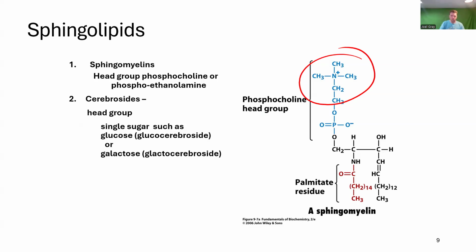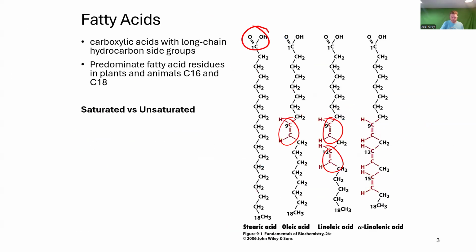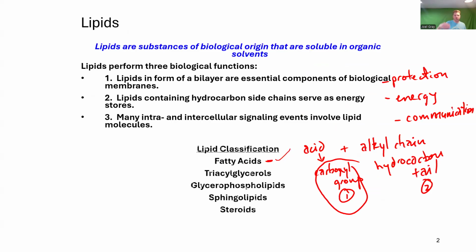Okay, so if we go back and track through what we've talked about, our different classifications. Fatty acids, we looked at the nomenclature of those. Triacylglycerols, we looked at the glycerol backbone. Glycerophospholipids, the glycerol backbone plus that polar head group. Sphingolipids, basically a three-carbon backbone, then a phosphate plus a head group, an amine, and then an alkyl chain coming off of it.